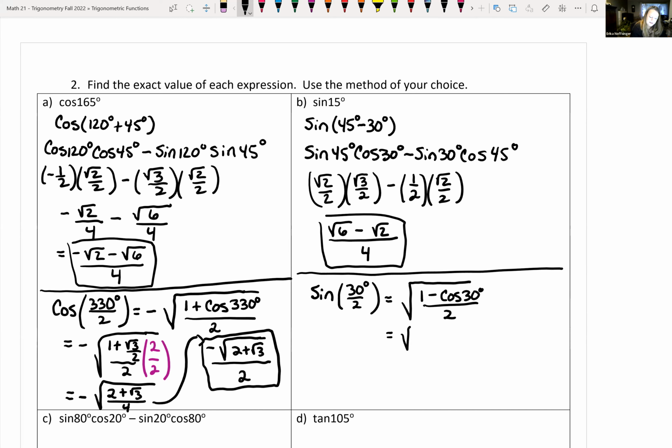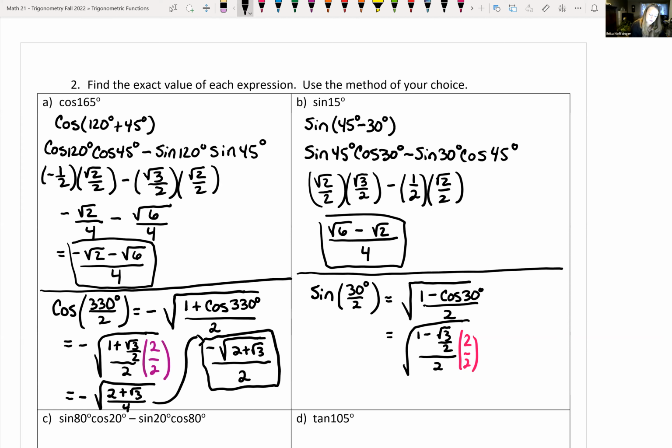So looking at this, I get 1 minus root 3 over 2, all divided by 2. So again, let's clear the fraction within the fraction. We can multiply by that fancy 1.